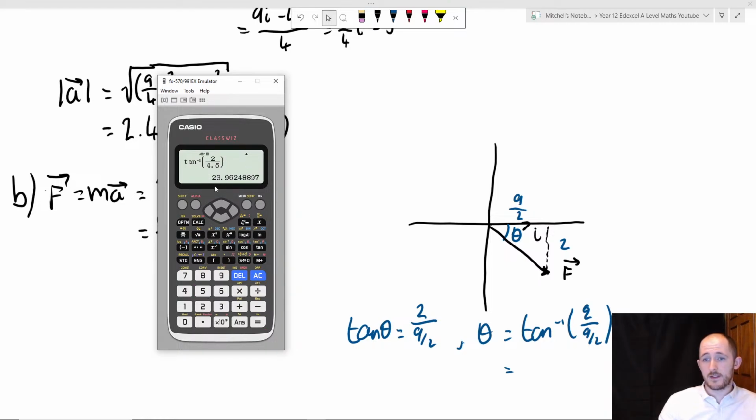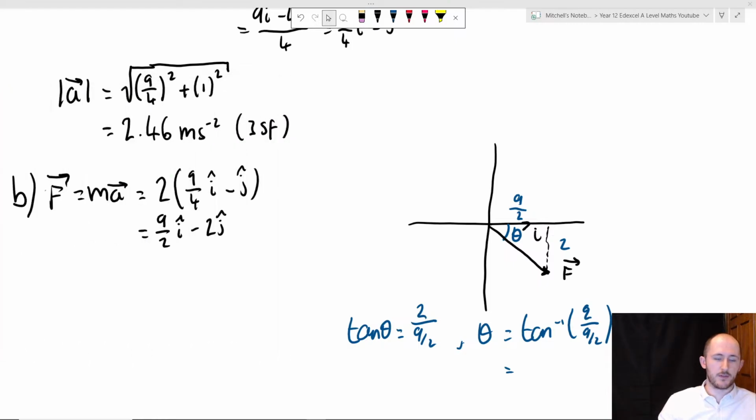And to 3 significant figures, it's going to be 24.0 degrees. That's to 3 SF. Okay. Hopefully that makes sense.